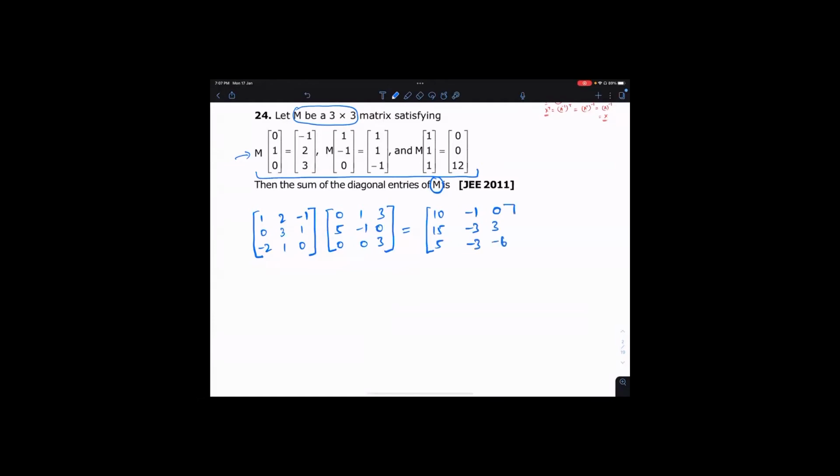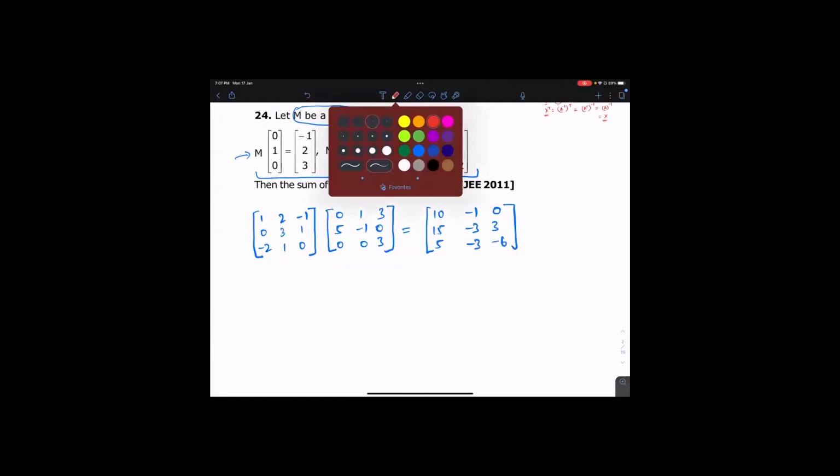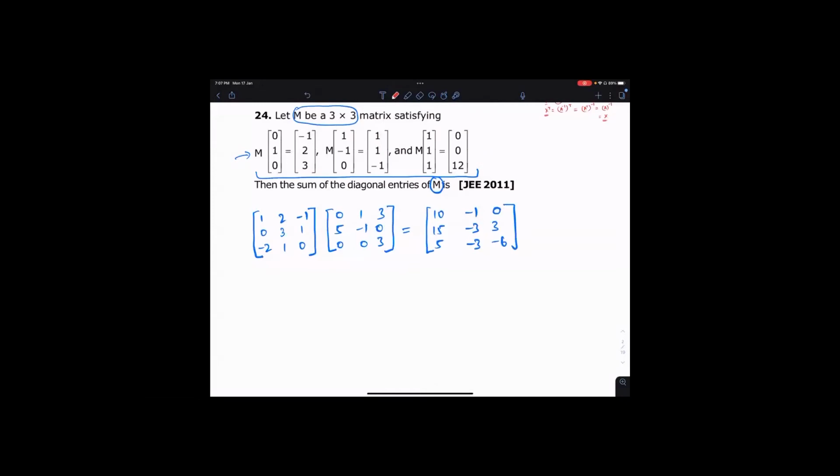Okay. Now see what happens if you multiply the same matrix with the 0, 5, 0, which is the first column of this matrix. What happens?